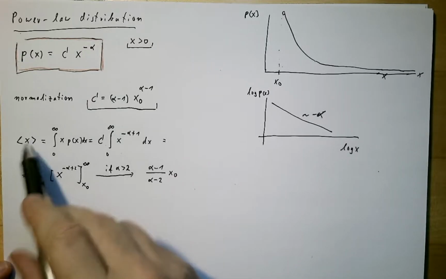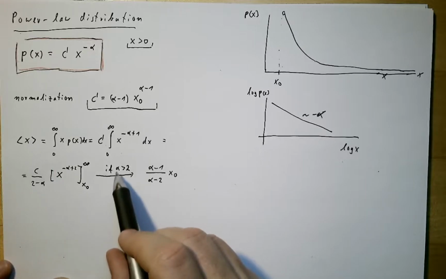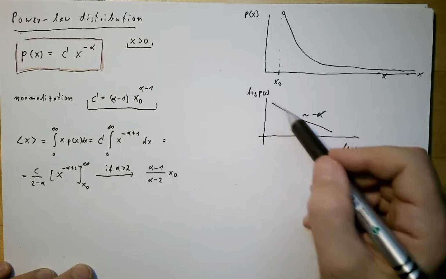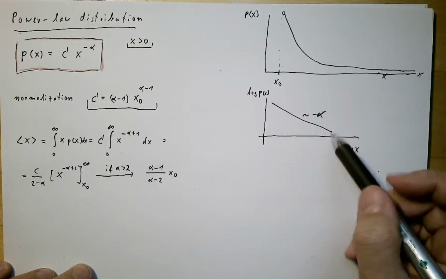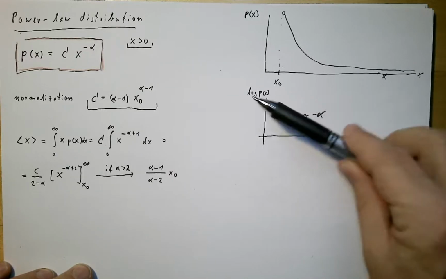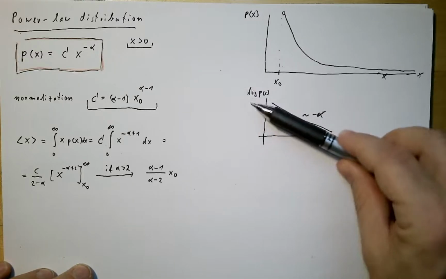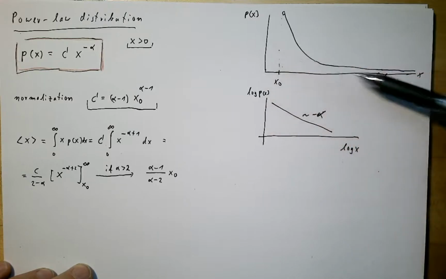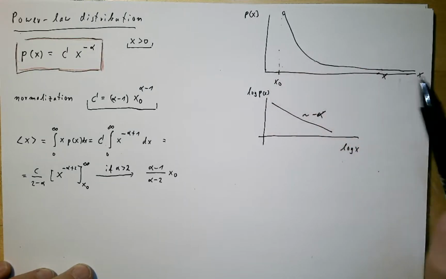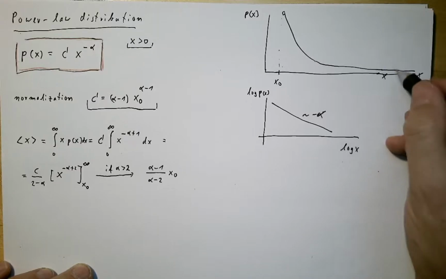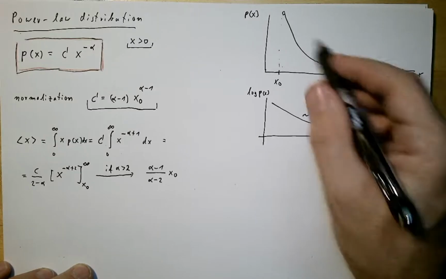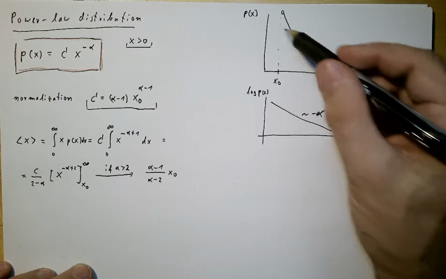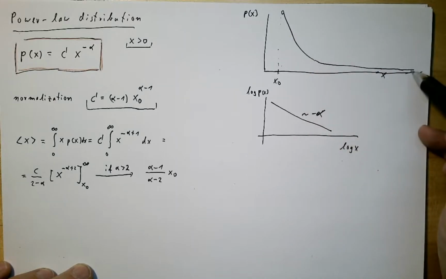So the expectation value is only defined if alpha is larger than 2, that is, if this distribution decays fast enough. The exponent alpha gives us the slope, which tells us how important the tail of the distribution is. When we have large alpha, the tail is very small because the function decays fast. If alpha is small, then we have a very, very large tail.